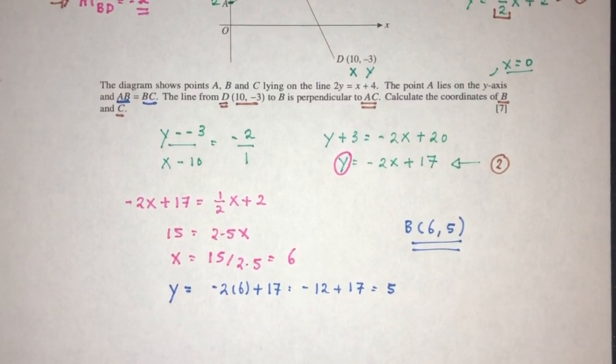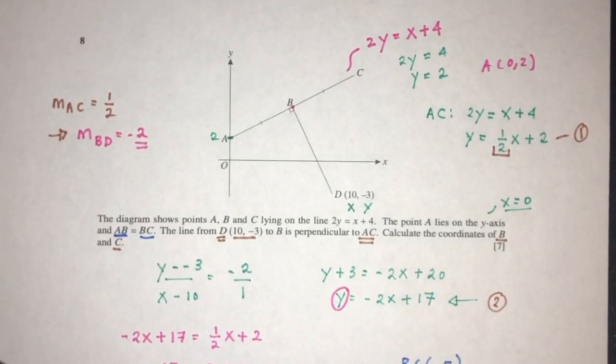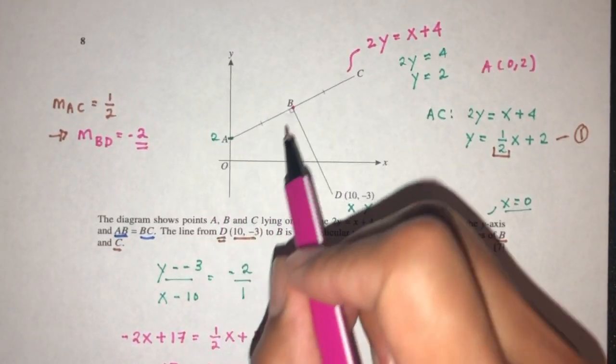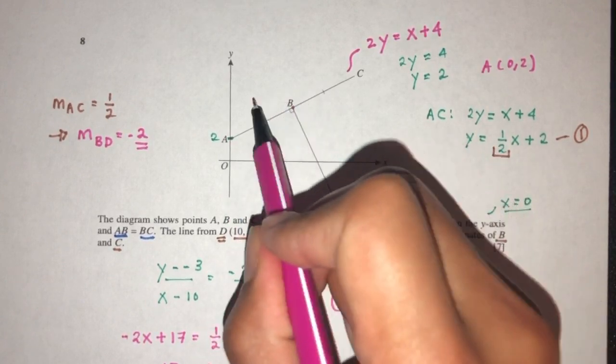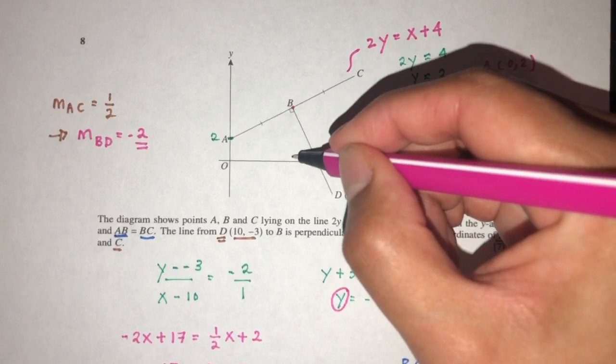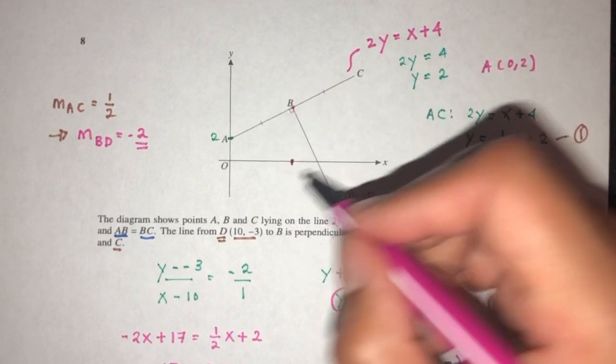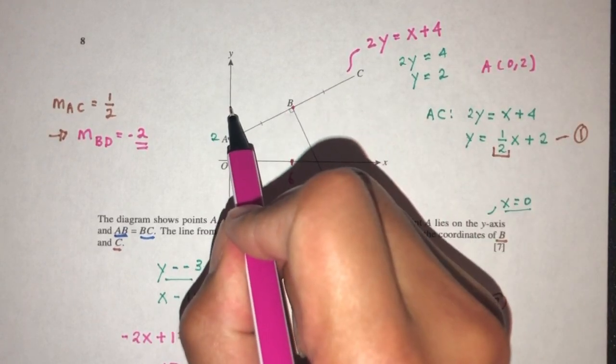Obviously here we can use the vector movement. This is the value of 2. Now from A to go to B will be what? Because we know B is the point (6, 5), let me mark this down.